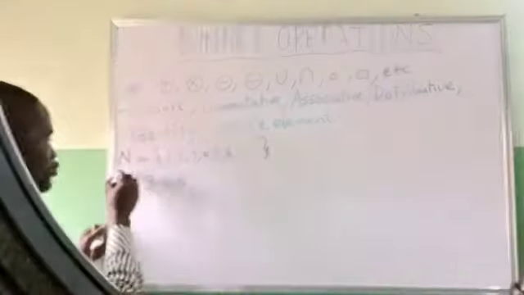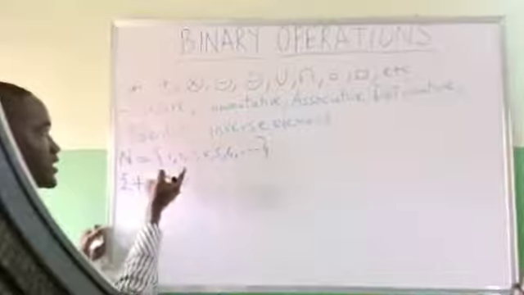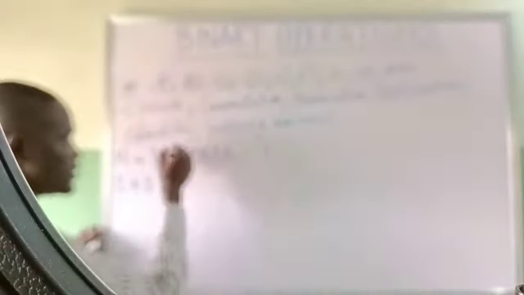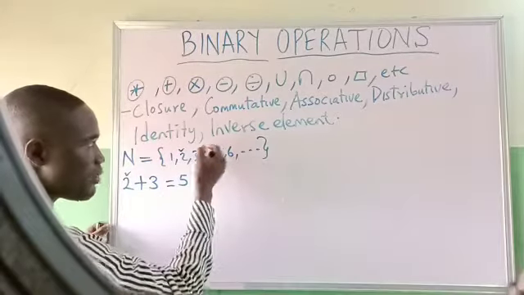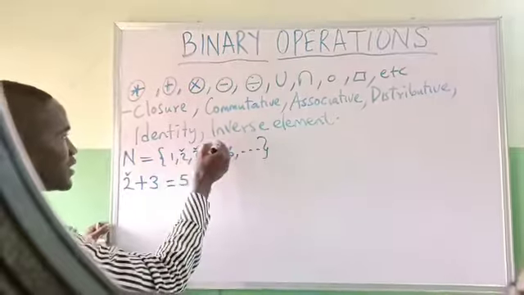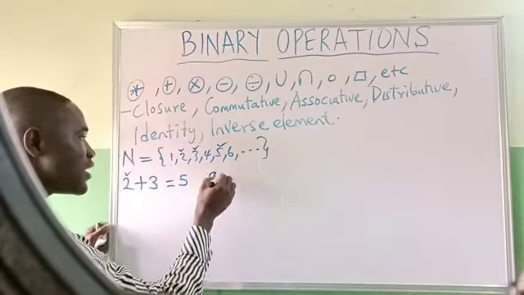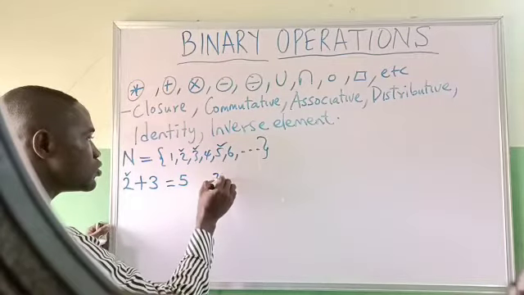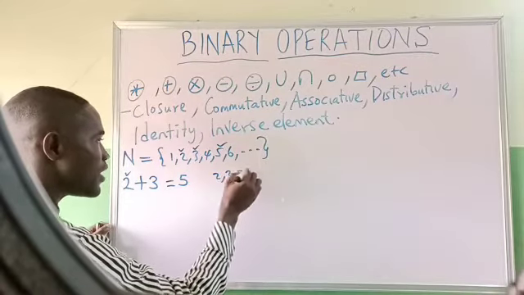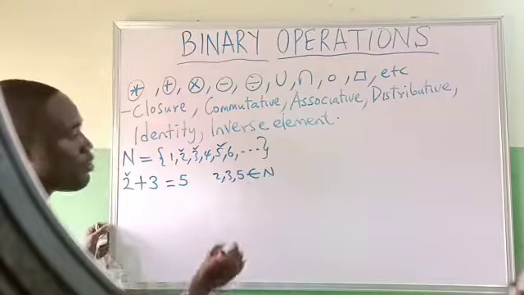You ask yourself, 2, is it a member of the set of natural numbers? You say yes. 3, is it in the set of natural numbers? You say yes. 5, is it in the set of natural numbers? You say yes. So 2, 3, and 5 are elements of natural numbers.